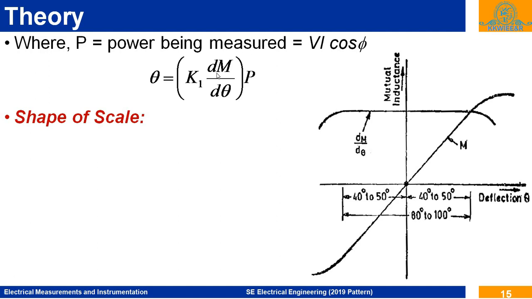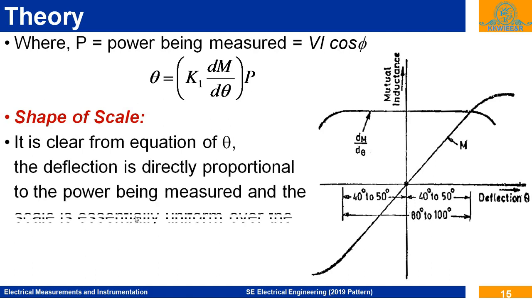So this ratio dM by d theta is also constant. As the current is increased, the mutual inductance is increased and the deflection d theta is also increased. In this way we can get the power to be measured by using deflection theta.